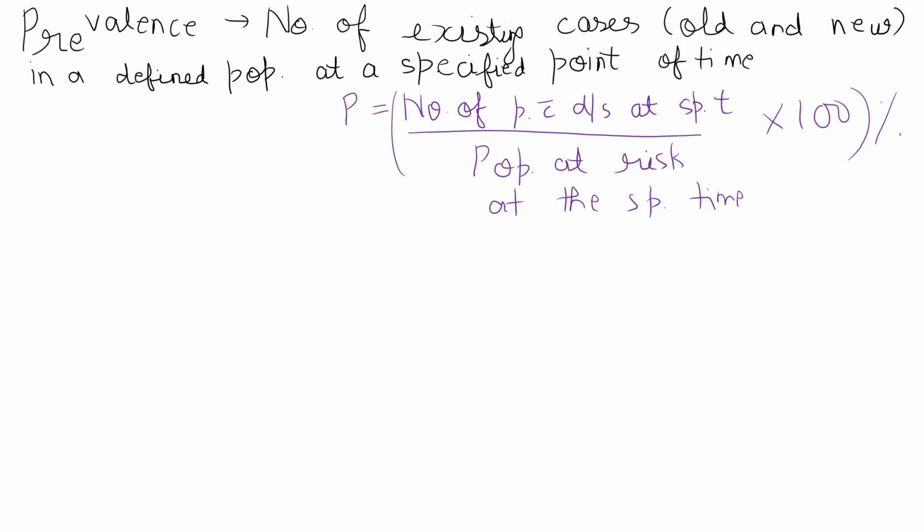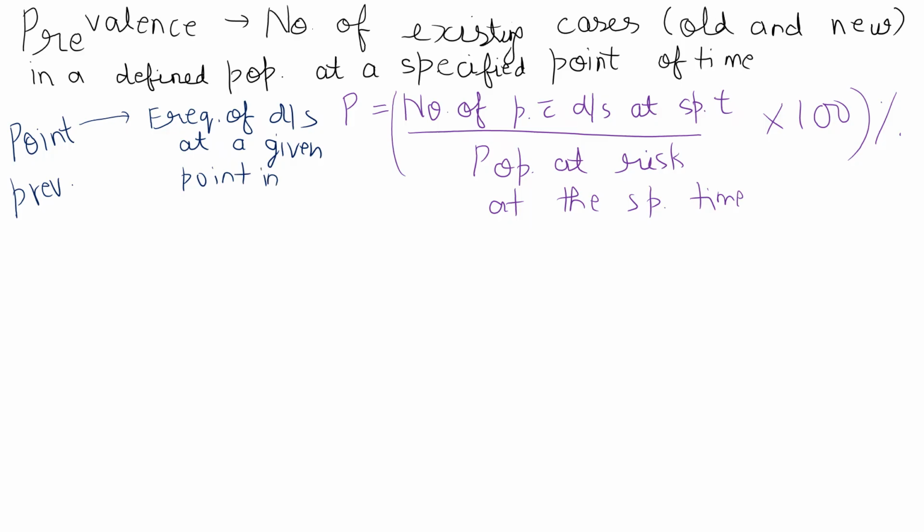One extremely important similar sounding term, and extremely confusing as well, is point prevalence. So what is point prevalence? This is extremely important. This basically measures the frequency of disease at a given point in time. This is known as point prevalence.